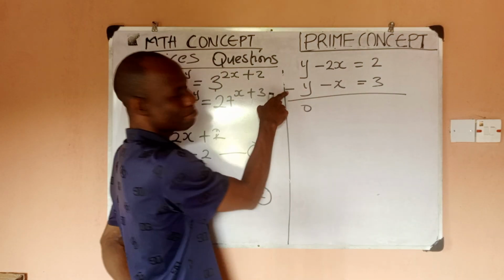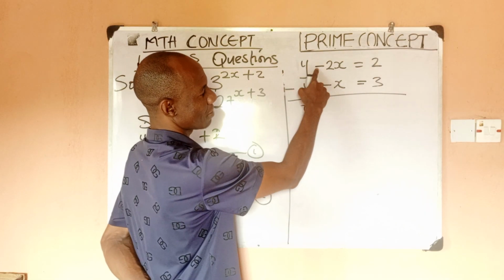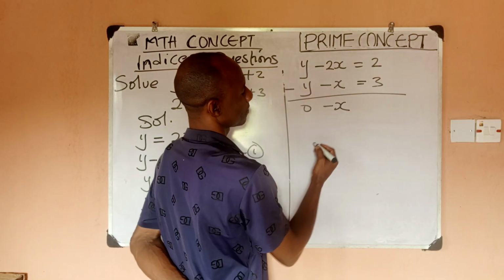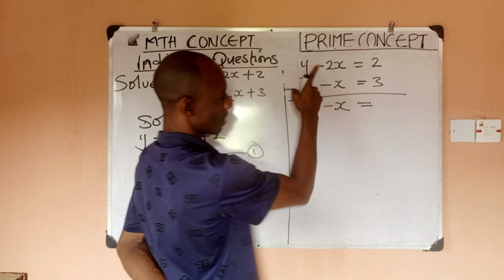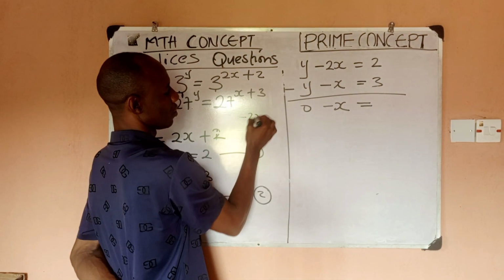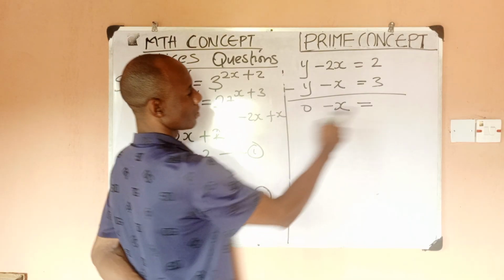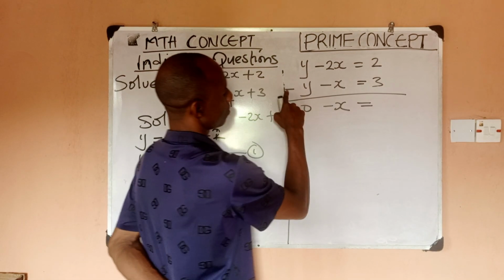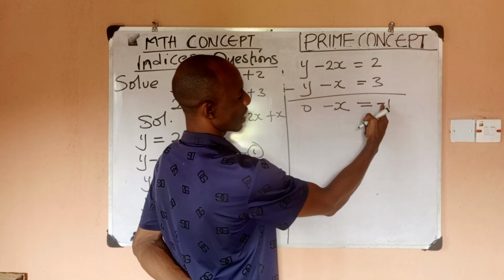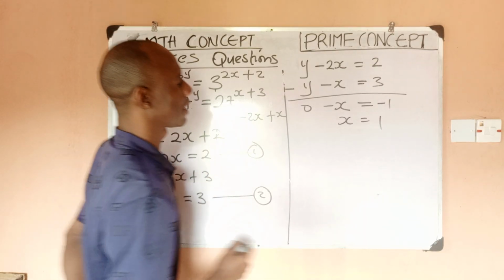Minus 2x minus times minus gives plus, so I have minus 2x plus x to give me minus x. This will give me minus x, right? Then 2 minus 3 is minus 1. So that minus can go, and I'll have that x is 1. Is this the same as what we got? Of course, it's the same thing.